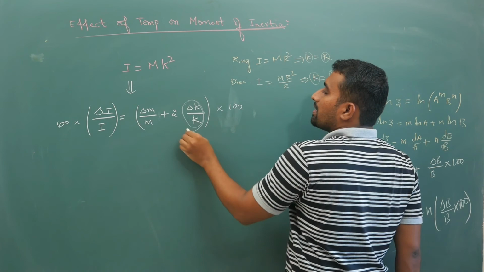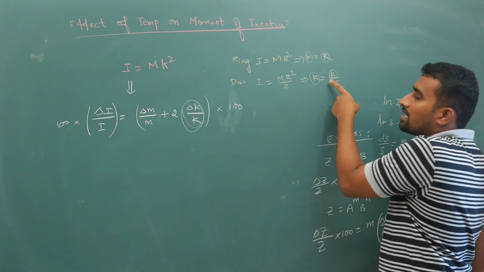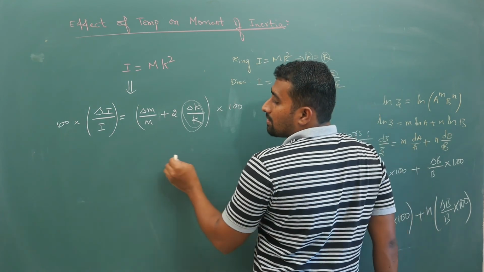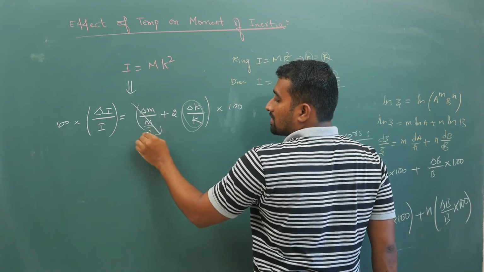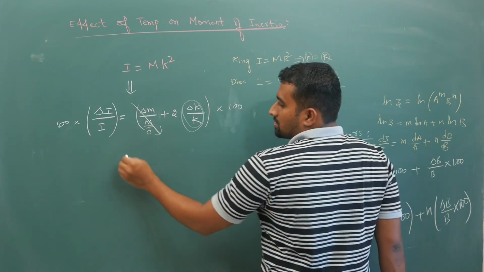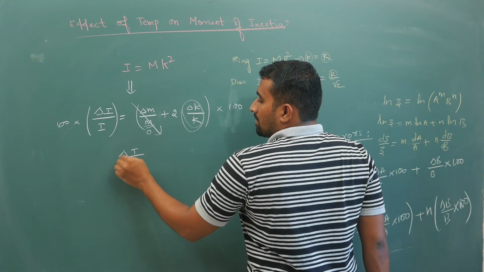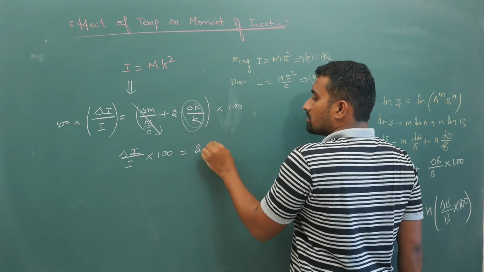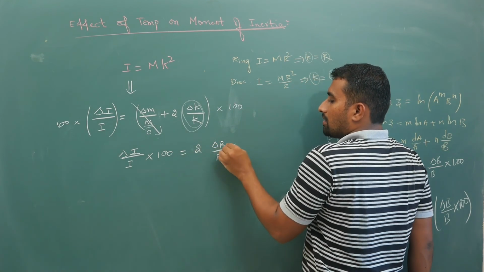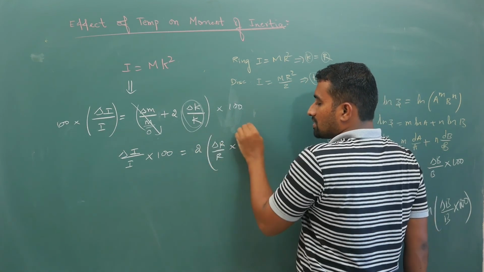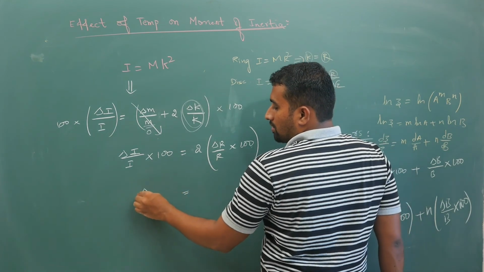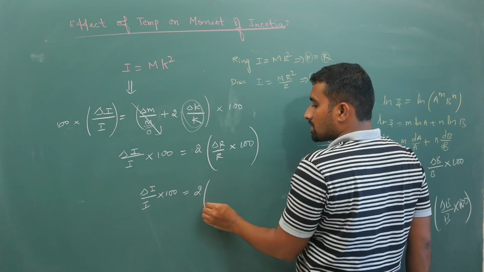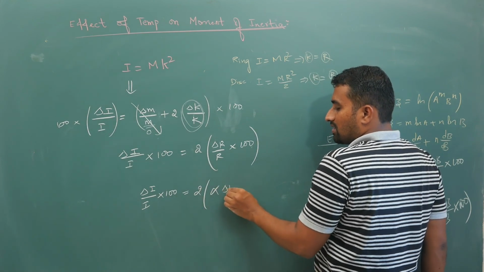This delta k by k, because this k is directly proportional to r, delta k by k is equivalent to delta r by r. Usually mass will be constant, so mass will not change, so delta m is 0. Delta I by I into 100 is equal to 2 times delta r by r into 100. But what is delta r by r? It is alpha delta theta.